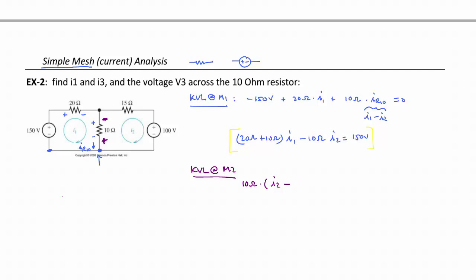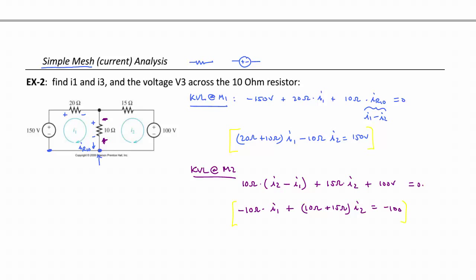But if there's an increased I1, it counters that, so it's got a minus sign. Next, I encounter the 15 ohms, and that's times I2. It's the only current going through it. And then lastly, plus 100 volts, all of that equal to 0. We'll rearrange, and we'll have minus 10 ohms times I1 plus 10 ohms plus 15 ohms times I2 is equal to minus 100. And that is our second equation.